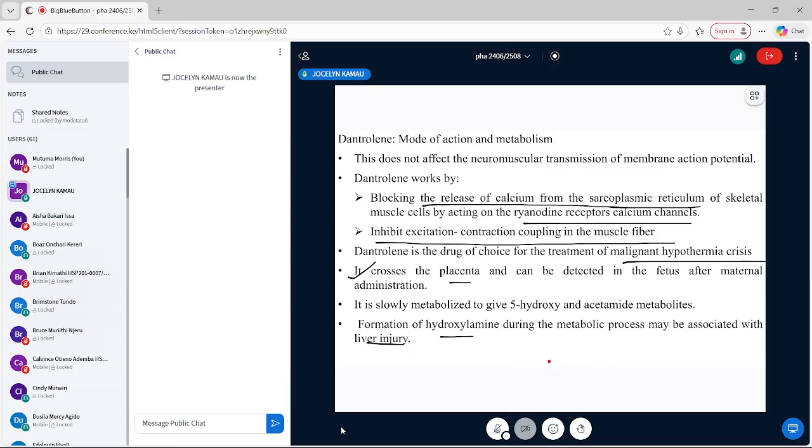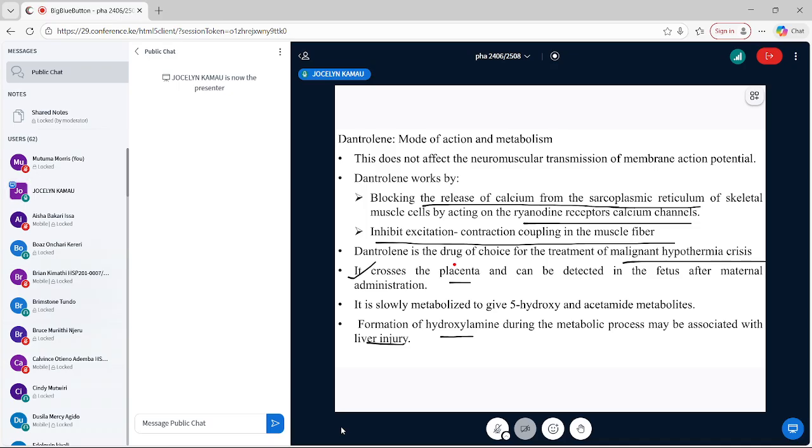So remember, I don't know whether you have done the other antibiotics, like the sulfonamides. Some of the sulfonamides can be metabolized to the hydroxylamine. Remember the amino group. The sulfonamides have a para amino group. The amino group can be hydroxylated.